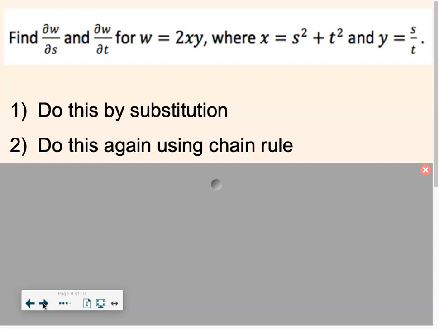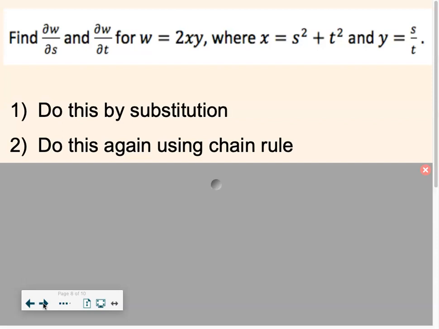So we're going to find the rate of change of W with respect to S and the rate of change of W with respect to T if W equals 2xy, X equals S squared plus T squared, and Y equals S over T. So I have you do it using both methods, but I do want you to learn how to do it just using chain rule, because the deeper we go into the material, the more chain rule is going to poke its head back out, much like a mole in the ground, right?